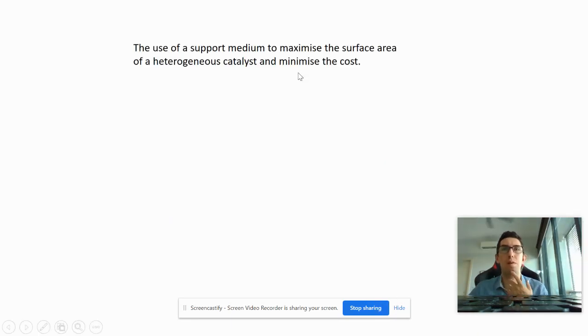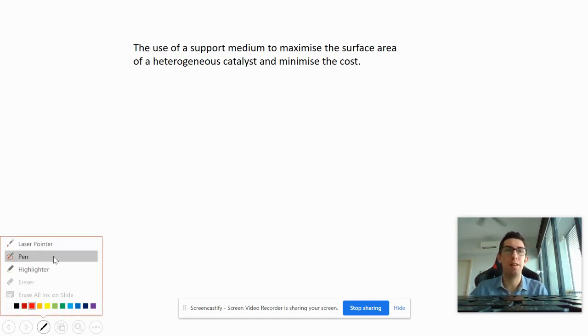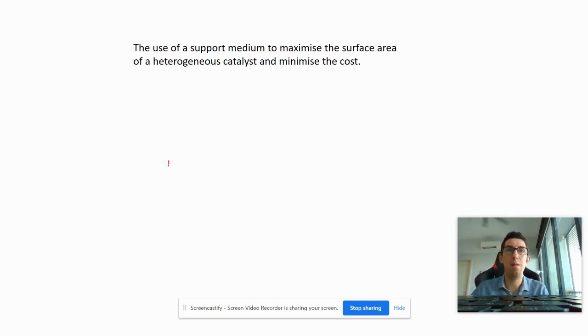Okay, another little spec point I think I didn't touch on properly. We did touch on maybe when we talked about catalytic converters. It says the use of a support medium to maximize the surface area of a heterogeneous catalyst and minimize the cost. So basically, say you've got a catalytic converter mainly made of palladium or platinum, both very expensive metals. Making the whole thing solidly out of it is very expensive.